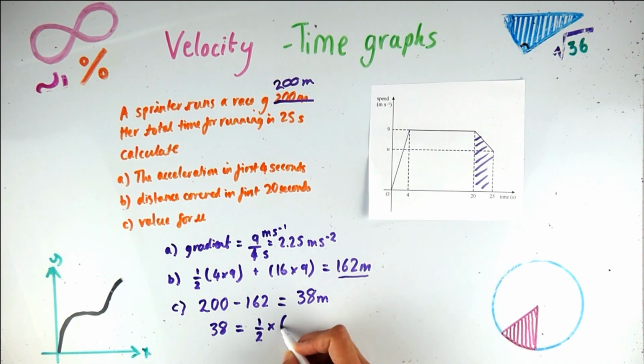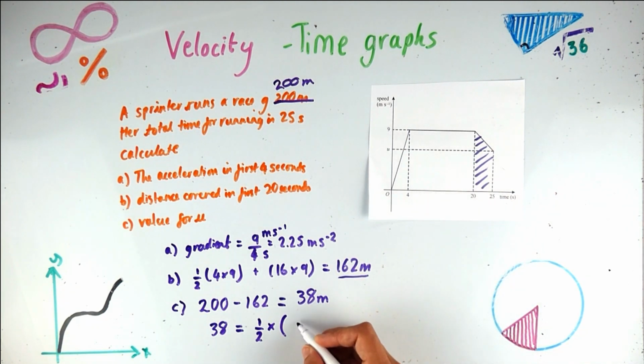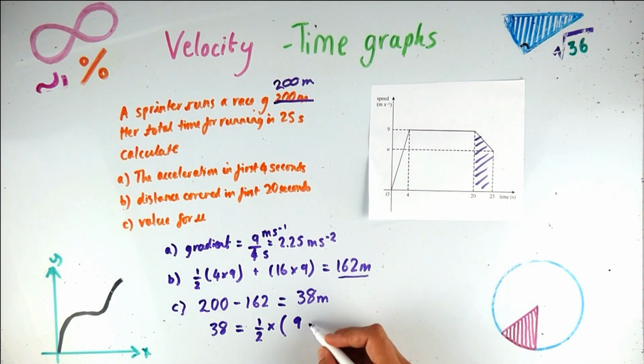and the area of a trapezium equals half times these two sides added together, so that's going to be 9, which is the length here, plus u, times by the width, which is 5. So now we just have to rearrange this to find u. I'm first going to times this side by 2, and then divide by 5, 15.2.